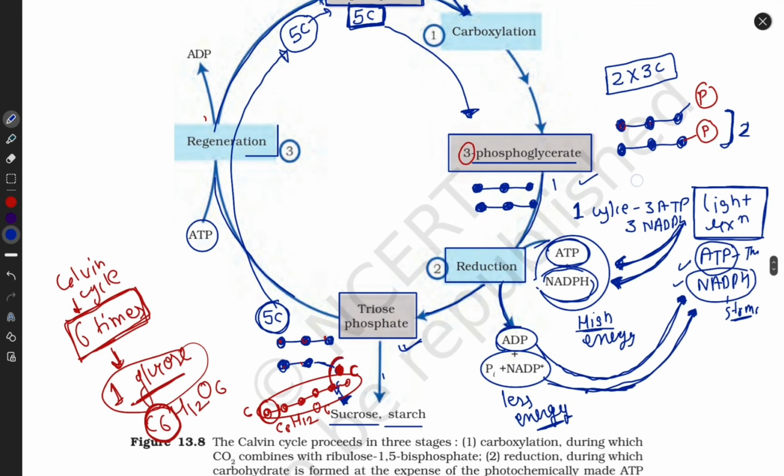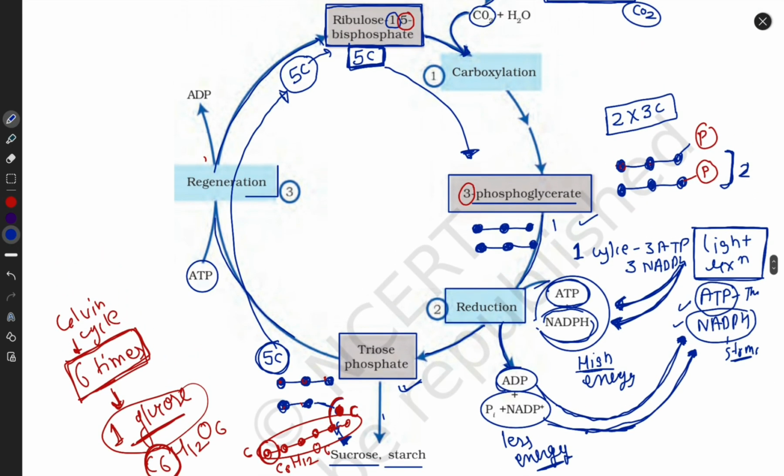Let's talk about ATP calculation. I'm writing here, guys: ATP and NADPH calculation. For one carbon fixation, we require here 2 ATP and here 2 NADPH and here 1 ATP.